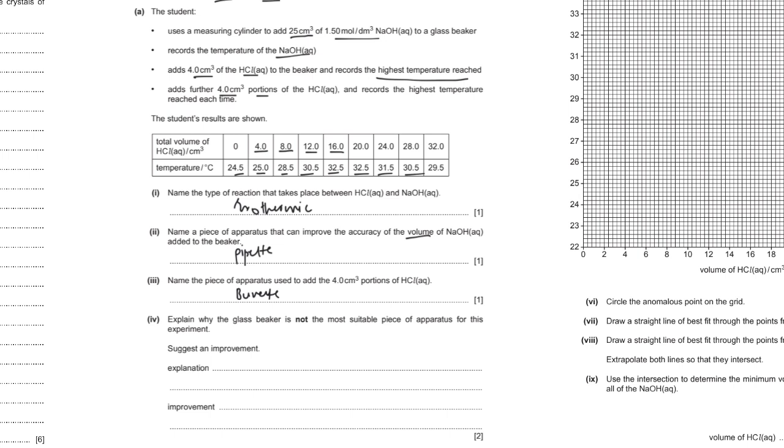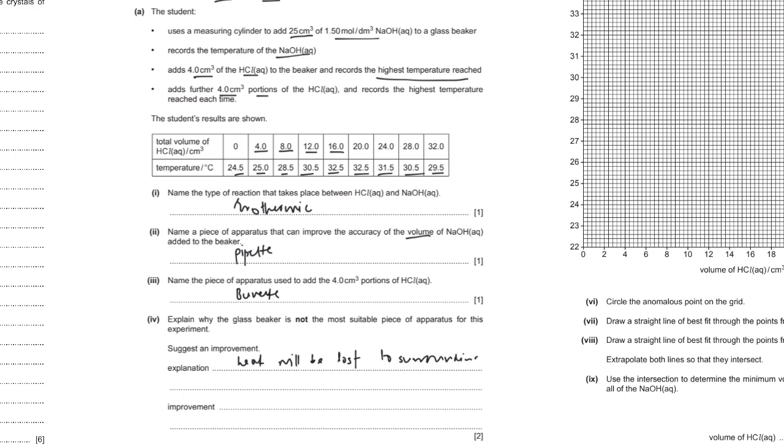Glass apparatus would not block the heat loss, right? So the explanation also suggests an improvement. It is not the most suitable because heat will be lost to the surroundings. That is the problem with the glass beaker.